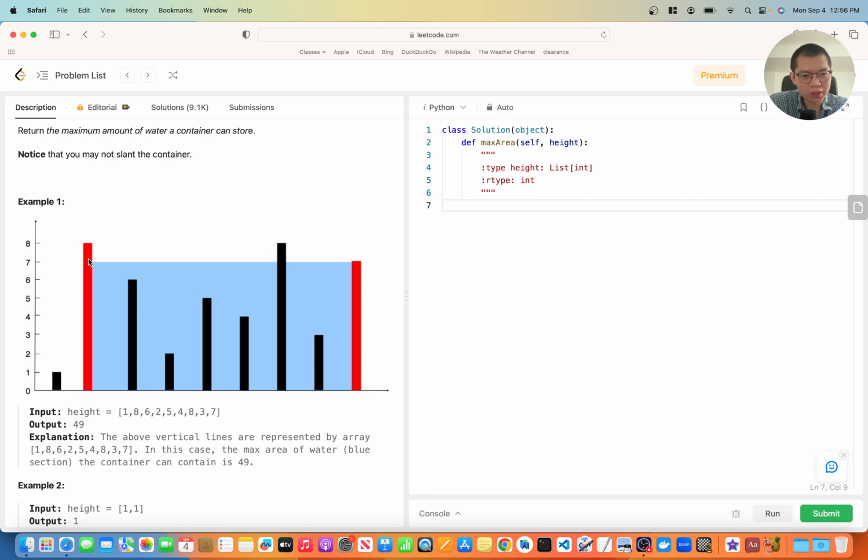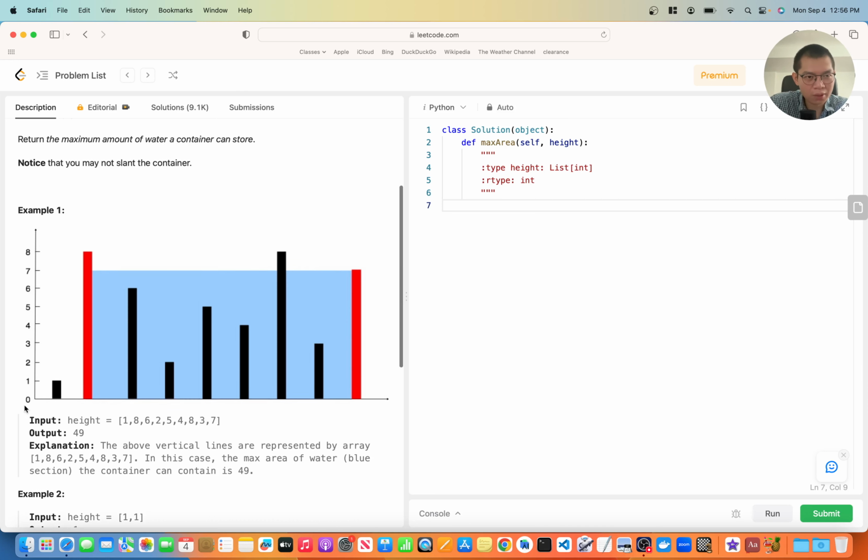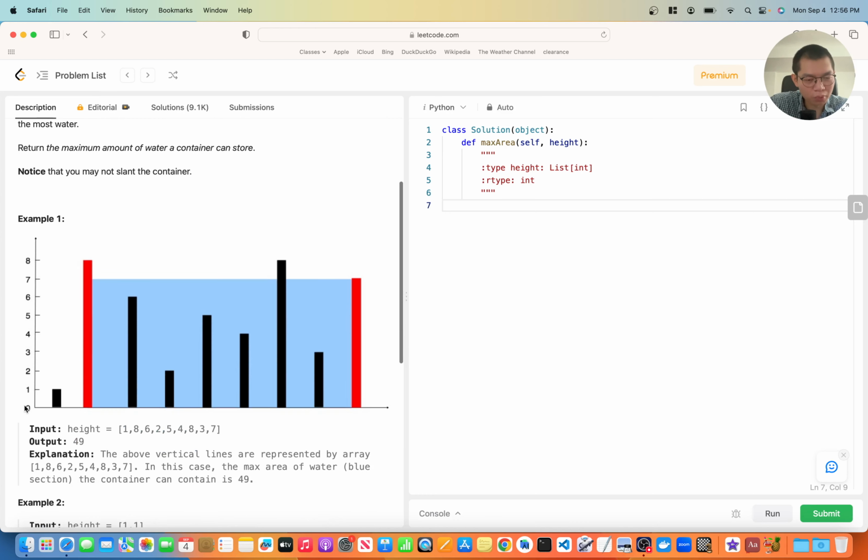The problem is that given these heights, you want to find the two heights, this one and this one, that along with the x-axis form the container with the most water. And the water obviously is the section that's shaded in blue.